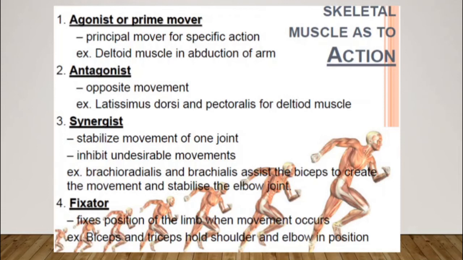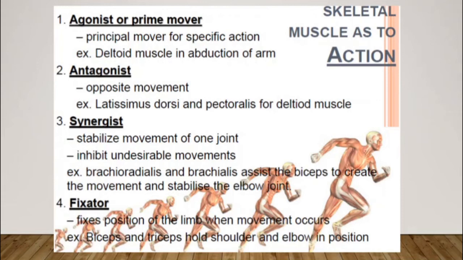Other actions include the agonist, or the prime mover. An example is the deltoid muscle in abduction of the arm. The antagonist is the opposite movement of the agonist, so the latissimus dorsi and pectoralis oppose the deltoid muscle. Synergists stabilize movement of one joint and inhibit undesirable movements.